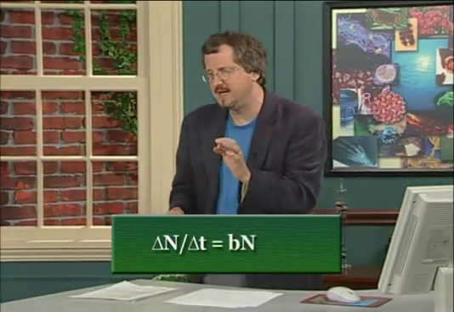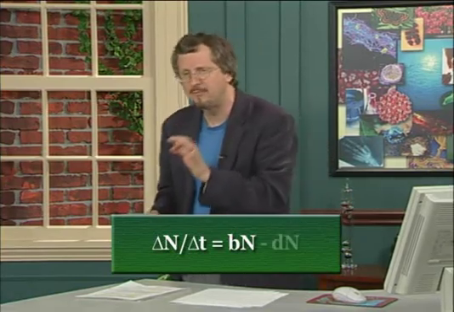This approach allows us to generalize our model even more, since we can use these per capita death rates and per capita birth rates to express the numbers of births and deaths expected in a population of any size. And we could do that as follows. We'd write an equation that had on the left side of the equation delta n over delta t, and we put on the right side of the equation, say delta n over delta t equals small b times n minus small d times n.